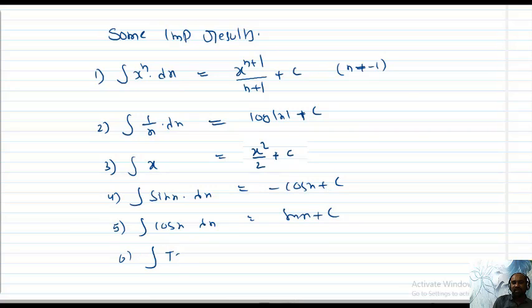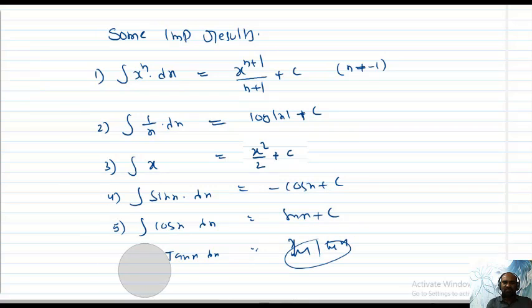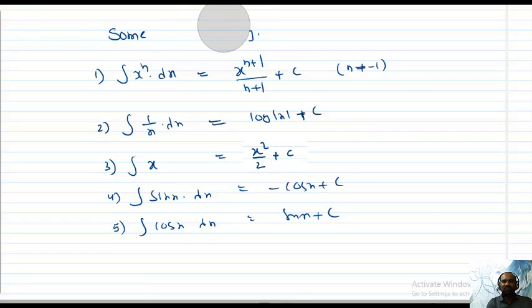Integration of tan x, we'll discuss later. You can find a function whose differentiation is this. I know that it is logarithm of mod secant x. Differentiate log of mod secant x to get tan x, but I don't want to explain this concept now. This is not taken as an important result, not taken as a basic result. Some basic results I will write, instead of important results. That is better.